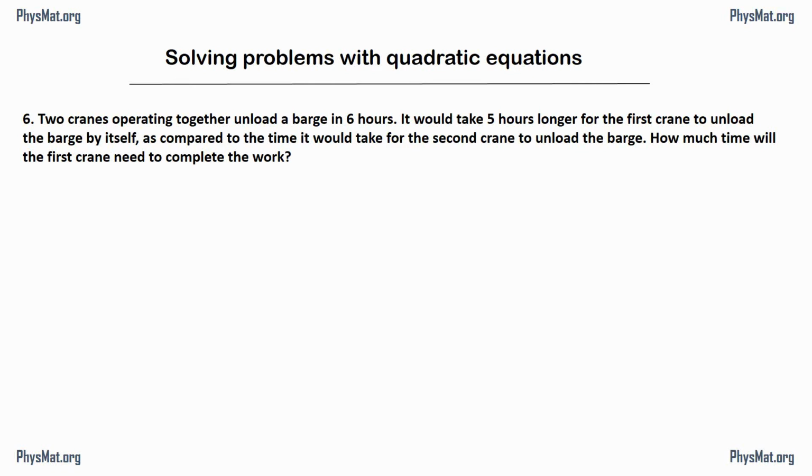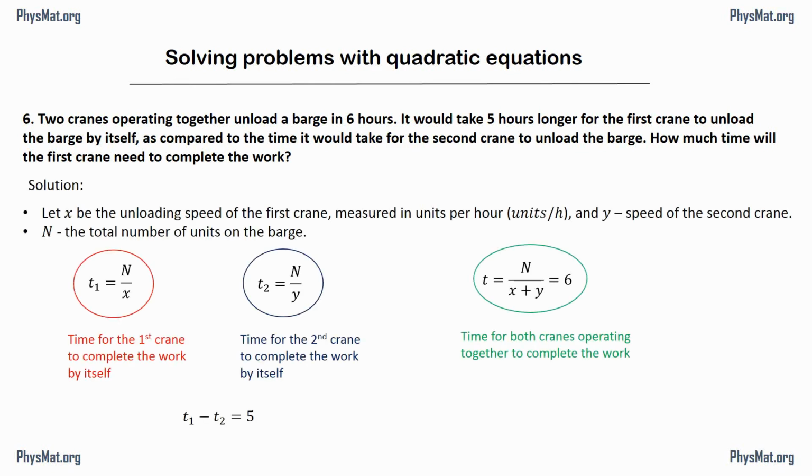Well, here it's difficult to make a drawing, but we need to understand what is going on. So we need to introduce the unloading speed of the first and second crane in terms of number of units per hour.